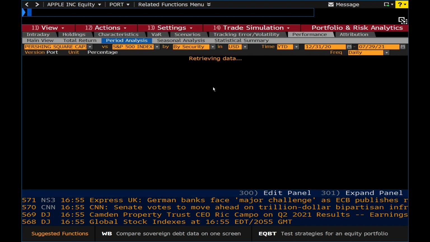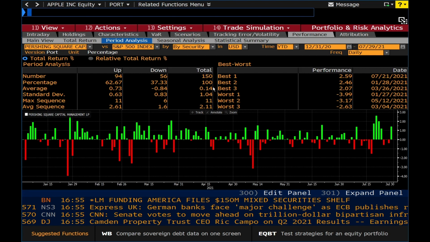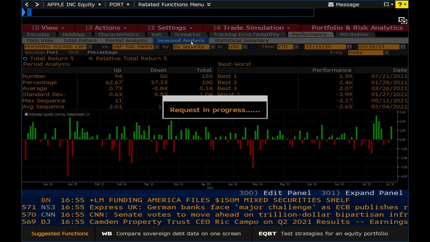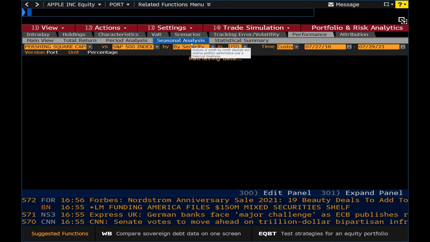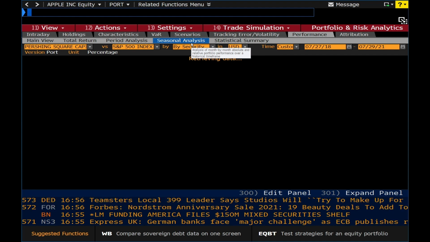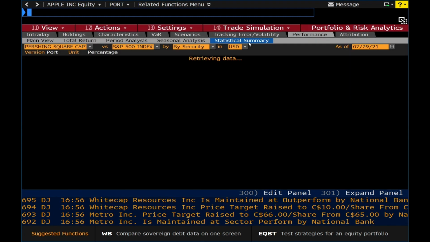Period analysis, we'll just take a look at that quickly. Seasonal analysis, where a manager wants to see what parts of the year their portfolio is doing well or not well. Then a statistical summary.